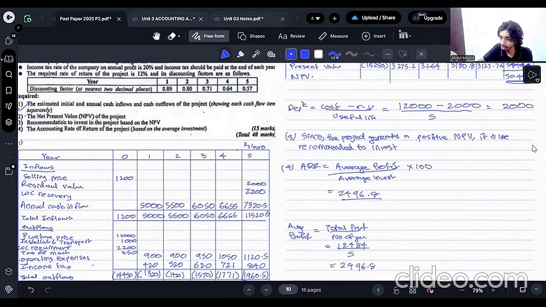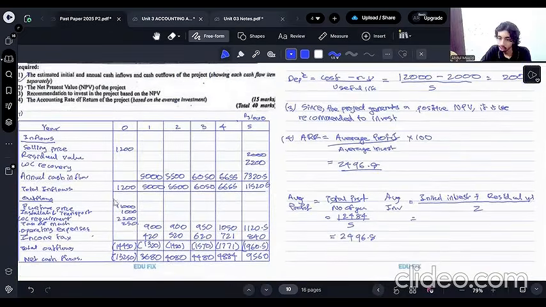So 2496.8 divided by average investment. Average investment will be equal to initial investment plus residual value divided by 2. Now here for initial investment, you will only take the cost of the asset. The cost of the asset is 12,000, right?